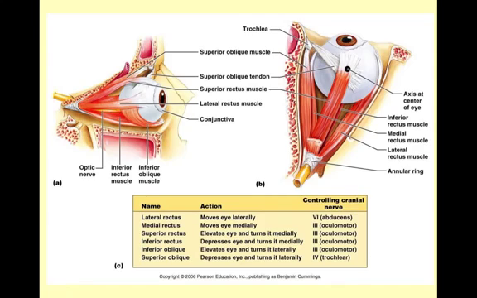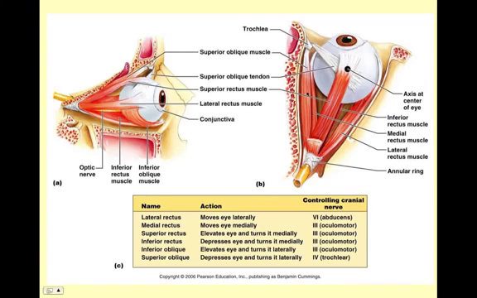This trochlea is just an anatomic part of the orbit capsule, and it allows the superior oblique to make this hairpin turn. And the superior oblique is also responsible for turning the eye laterally, but it also depresses the eye. So it's an accessory muscle of depression, contrary to the inferior oblique, which is an accessory muscle of elevation.